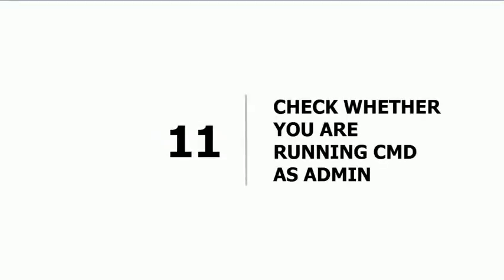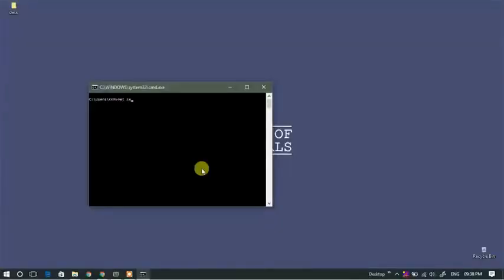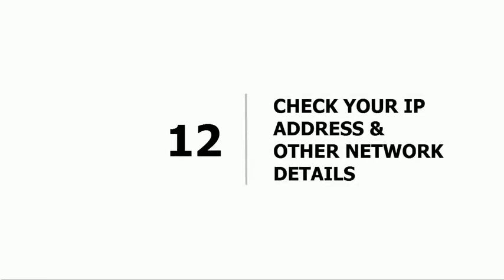11th, check if you are running CMD as admin. To check this, simply type net space session. If you get access denied, it means that you are not running the CMD as admin. 12th, check your IP and get other details.